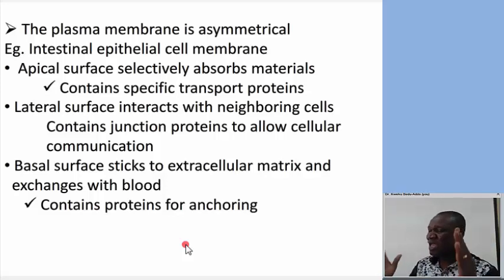So the plasma membrane, in addition to being thin, pliable, and fluid in nature, is said to be asymmetrical as well. So this brings us to the end of our plasma membrane or cell membrane.